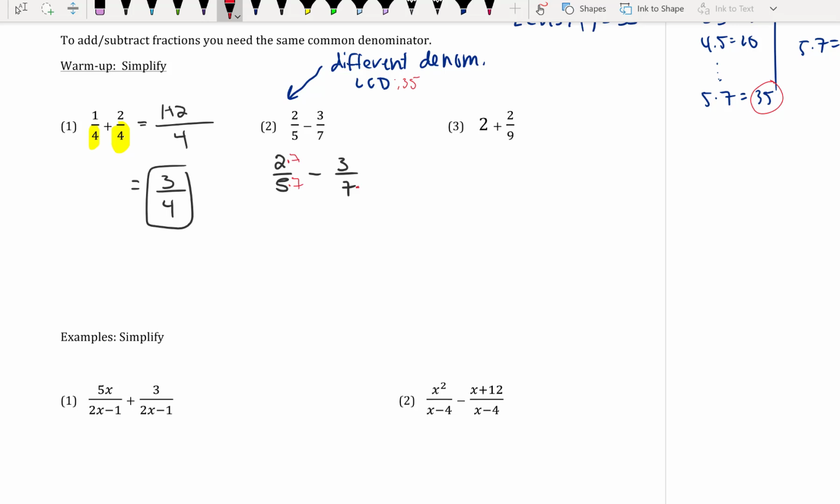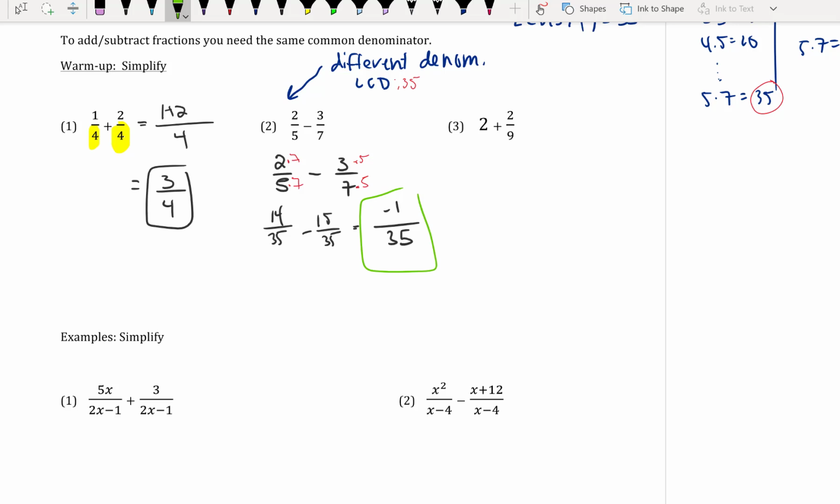So the second fraction, to get to 35, I must multiply by 5. So now I really have 14 over 35 minus 15 over 35. So my denominator is 35, thank goodness, and 14 minus 15 is -1. So I have my answer as -1 over 35.